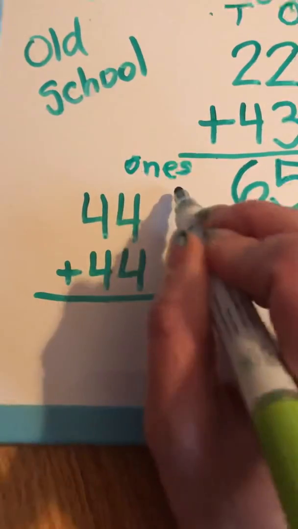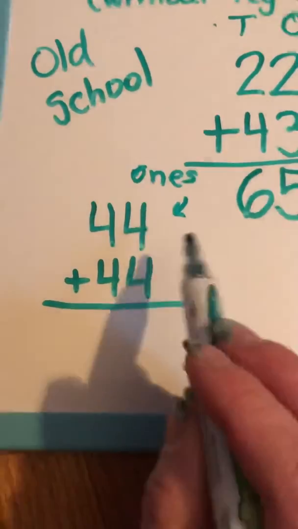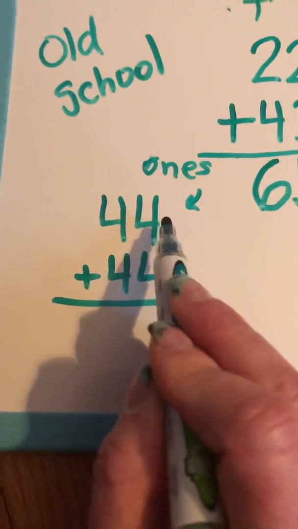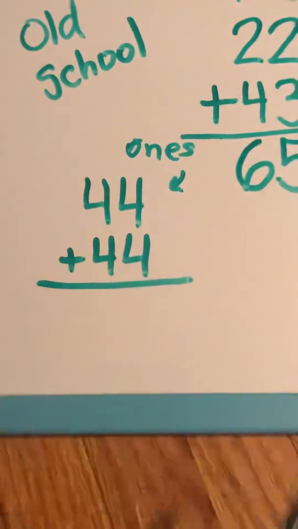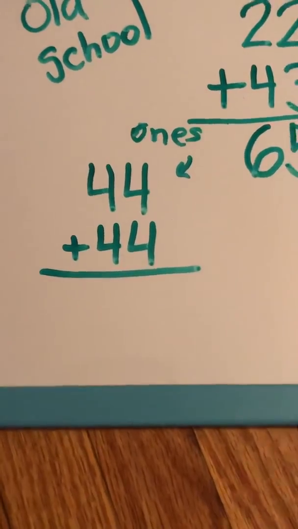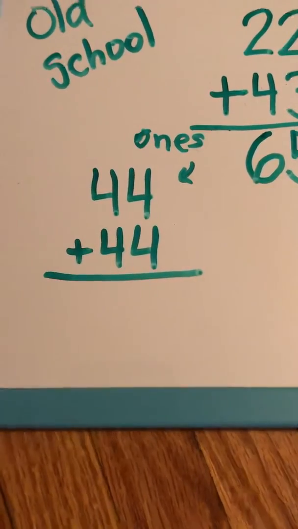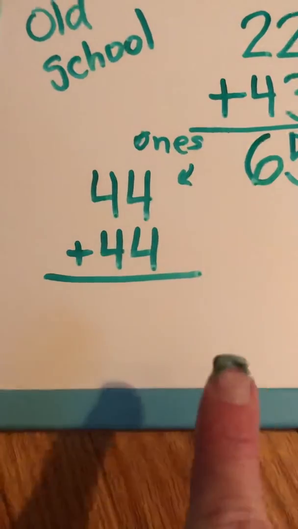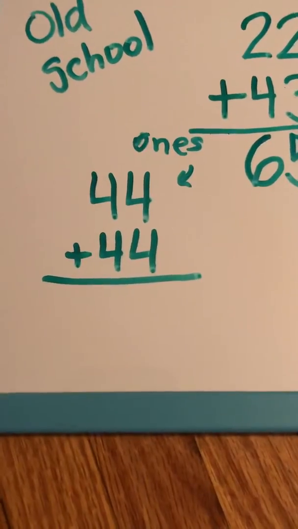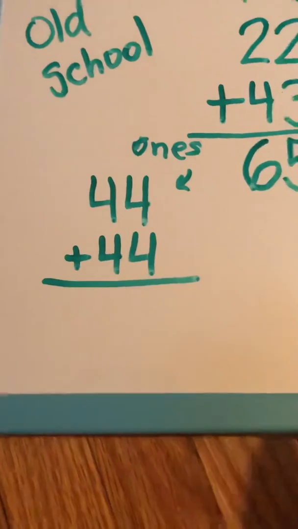Let's add up the numbers to find the sum of the ones column. 4 plus 4. What is the sum? If you're writing this and you need to stop or pause the video so you have a chance to write down the problem and the sum of the ones column, please feel free to pause the video and just hit play when you're ready.